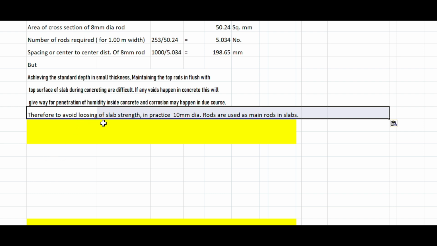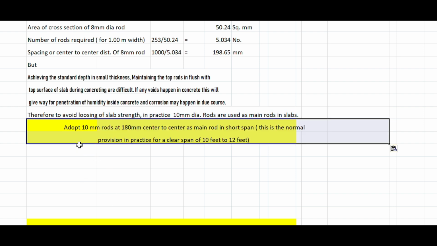So practically we need to give some extra provision for that. Therefore, to avoid loss of strength in the slab, practically 10 mm diameter is generally provided as the main rod. This is generally adopted in all buildings which are said to be quality buildings. So adopt a 10 mm rod at 180 mm center to center spacing as the main rod.